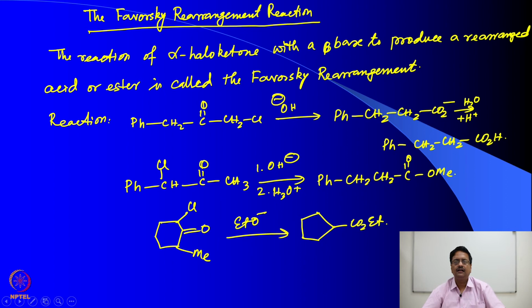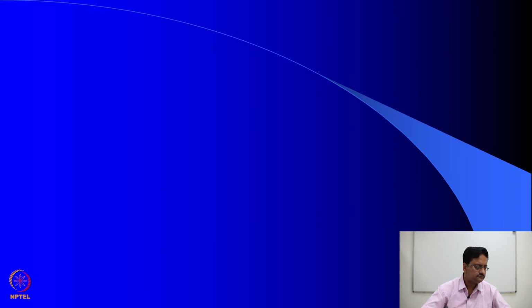All these are happening through a particular rearrangement reaction following a mechanism which we need to learn now. The mechanism of the Favorskii reaction involves 4 steps.